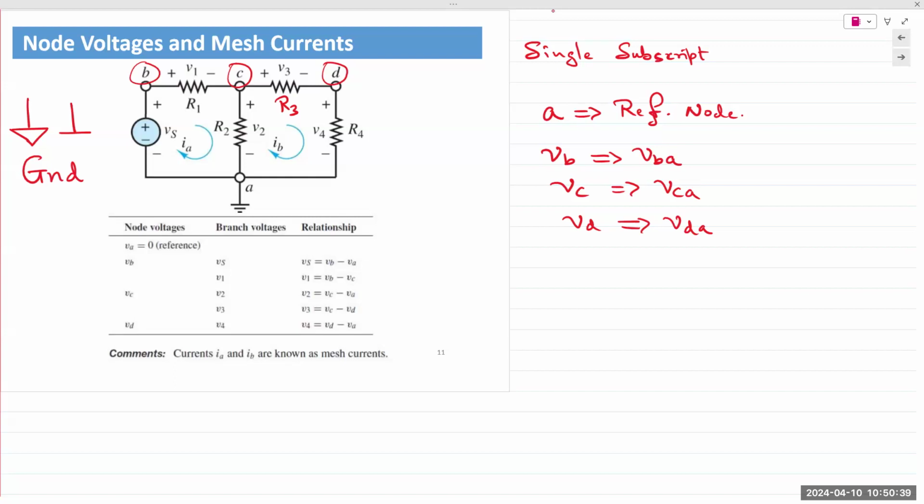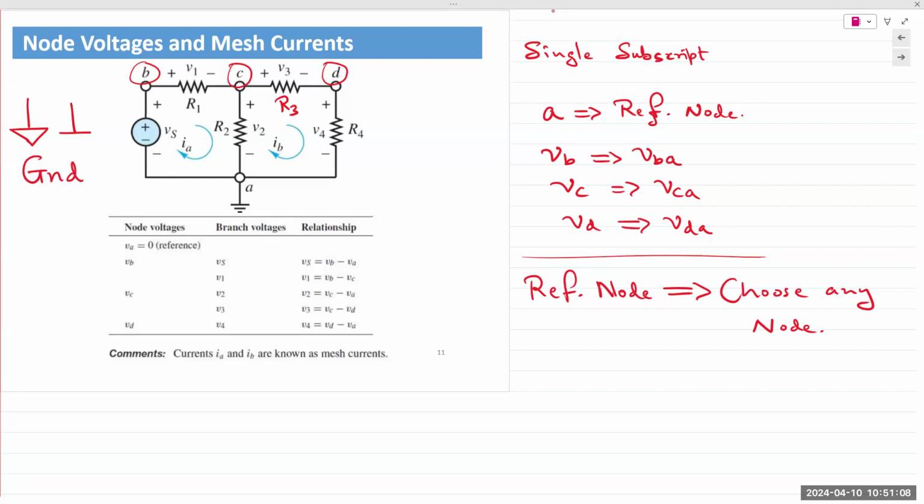I'll wait while you write that down. So again, two subscript notation, VAB, VBC, VDA, all require a point of reference.